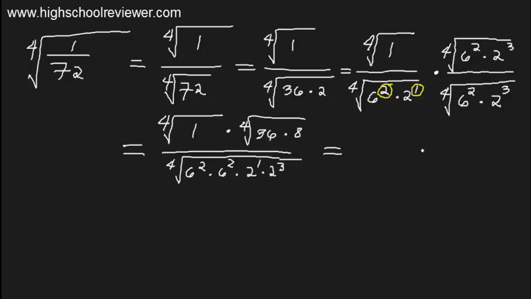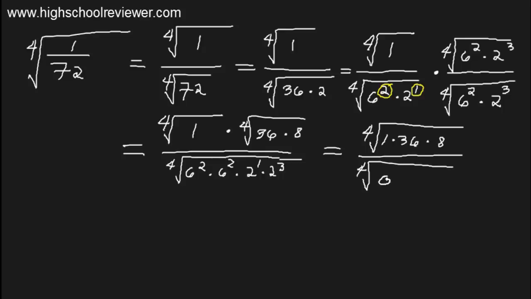So this will be the fourth root of 1 times 36 times 8, all over the fourth root of, copy the base 6, and then add the exponents, so 2 plus 2, that is 4.